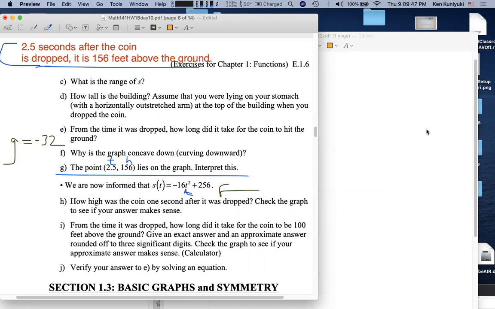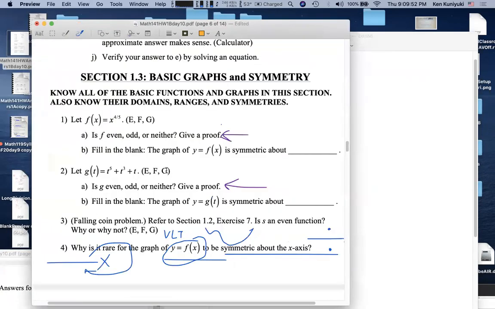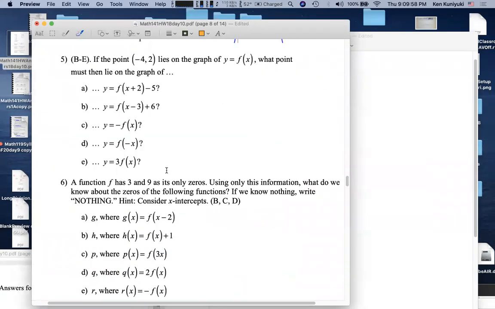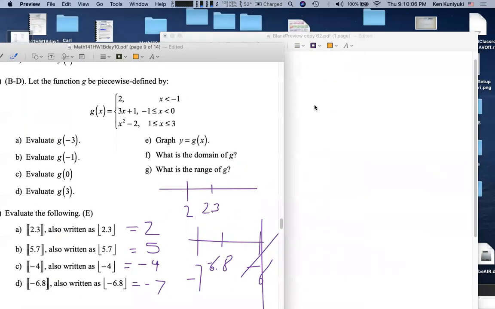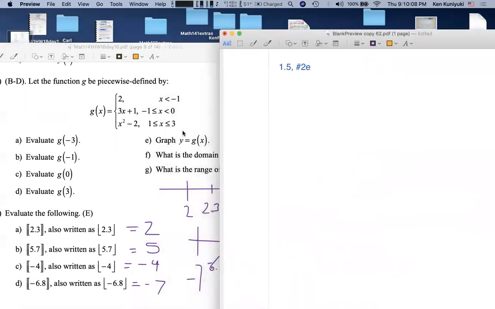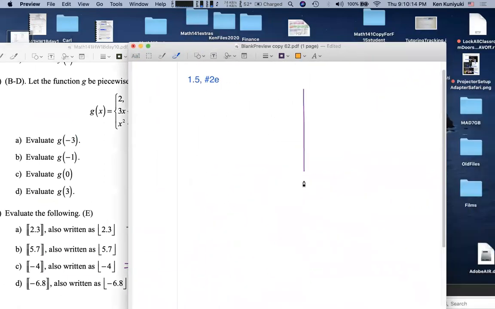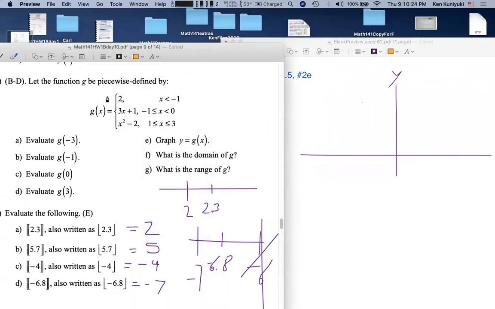Okay, 1.52e. Okay, graph. How do you graph y equals 2?